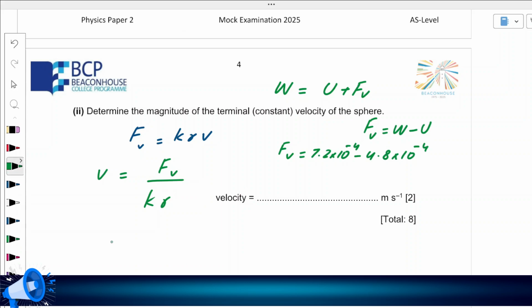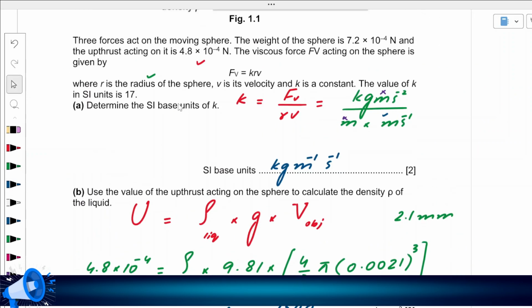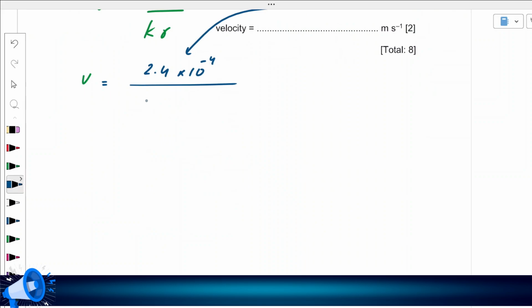2.4. I'm going to insert the value of force over here now. This value would be 2.4 times 10 to the power minus 4 as it is, divided by K. The value of K in SI base units is 17. So I'll write 17 here.